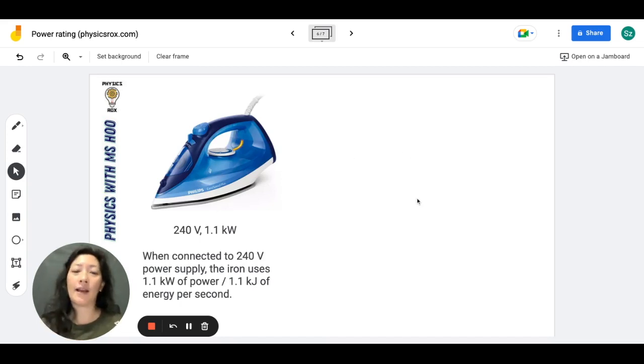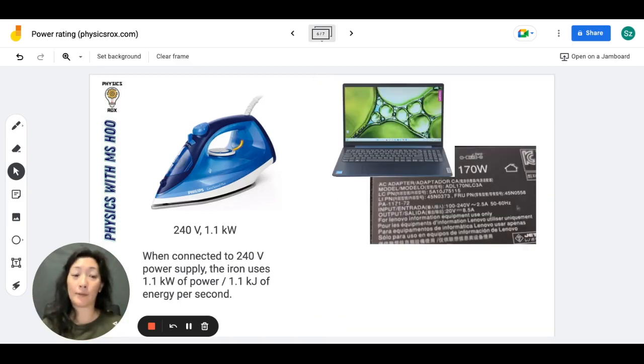So in real life, how do we also read the numbers? For example, let's say you have a laptop. If you look, there's a whole bunch of numbers here. If we flip to look at the adapter, you see the adapter here is written 170 watts. And if you look at the input here, it's about 100 to 240 volts. So let's say 240 volts, because we're connecting this to a Malaysian power supply, 240 volts.